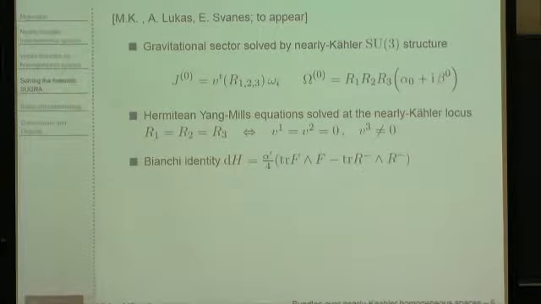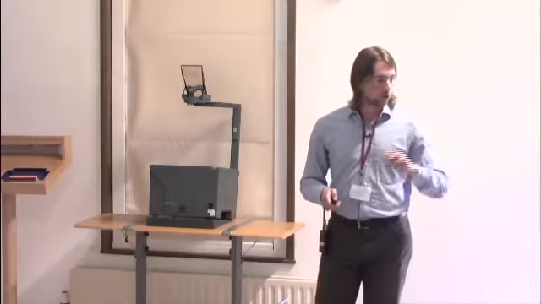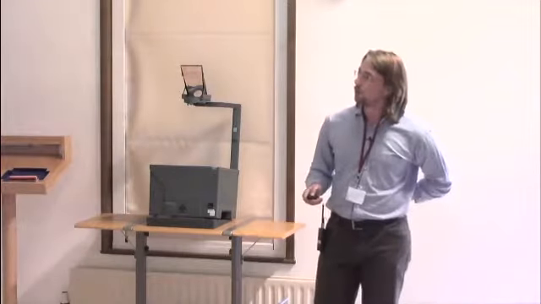Let me turn to the Bianchi identity. In the heterotic string, the Bianchi identity has a non-trivial right-hand side, and in general it's very hard to solve this explicitly. At lowest order, this only imposes a constraint on the cohomology classes of the bundle. This was also mentioned in Jung's talk before.